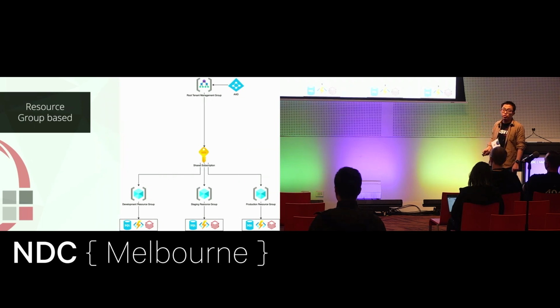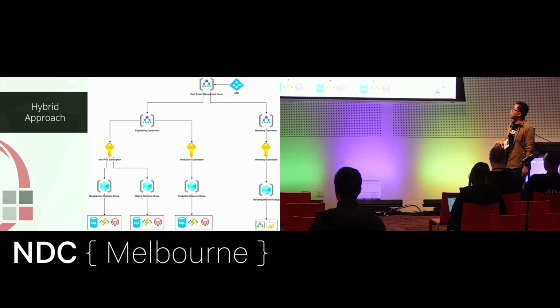And then lastly, there's a resource group-based environment setup. Essentially, we have different resource groups, each of which has a group of resources. This is usually when a greenfield project starts and we are uncertain how many environments we're going to set up, so we tend to start quick and easy. Then we can use resource groups to organize our resources.